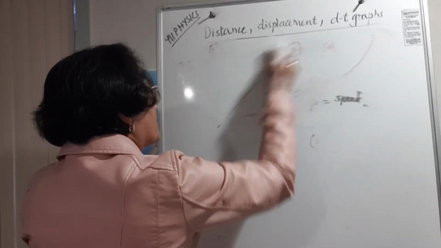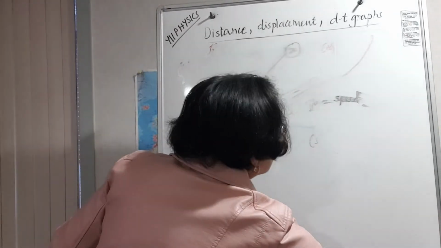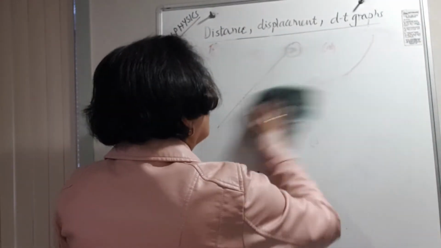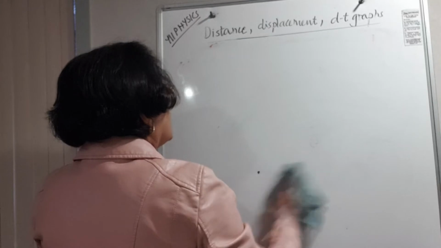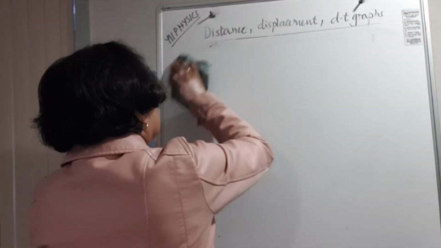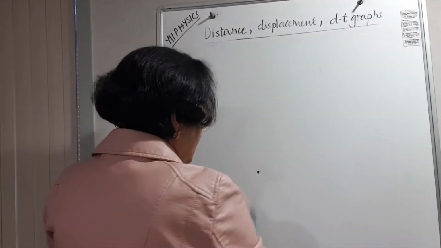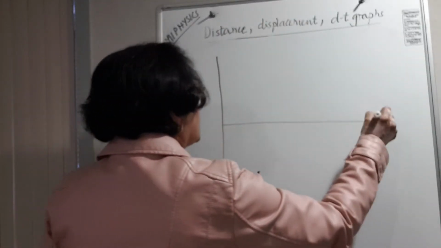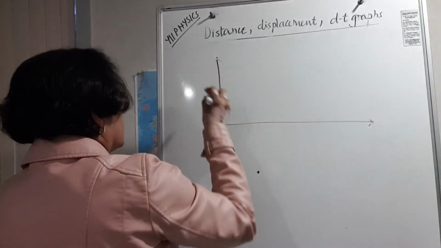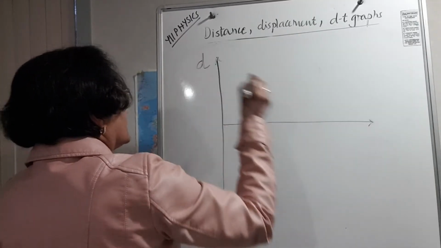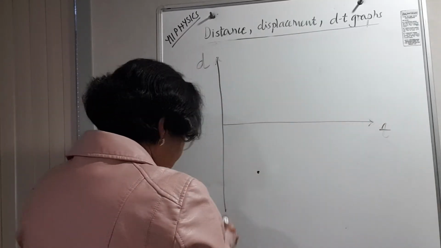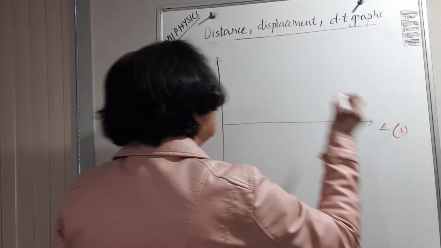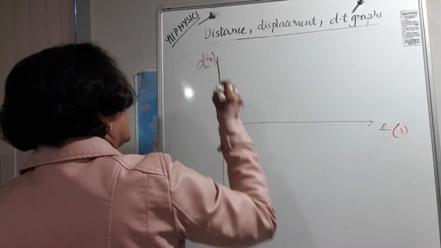Okay? Right. Now let's come on to some more descriptions where it's a displacement time graph. So things can be positive or negative. So I could go below the x-axis. Okay, so if I draw something like this, displacement, time measured in seconds, displacement in meters.